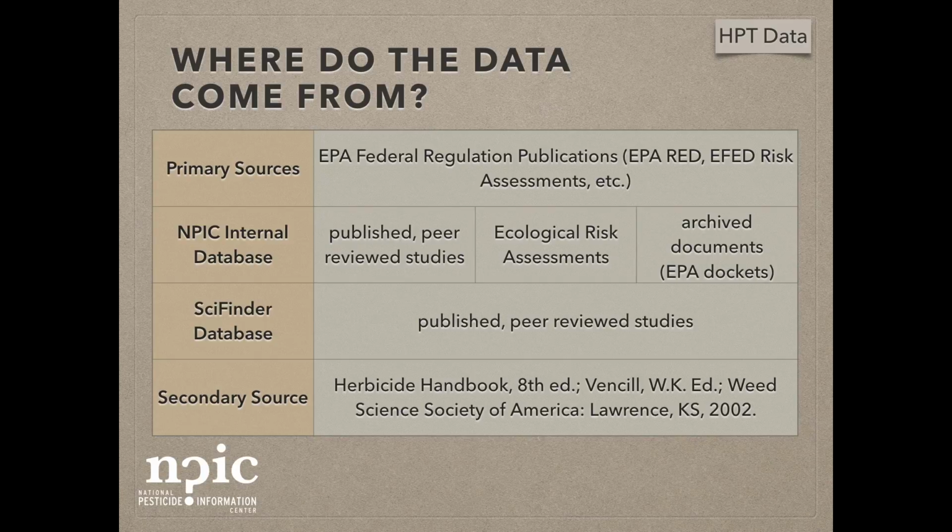If we couldn't find it in either one of those 2 types of resources, then we would consult the SciFinder database, and we were looking for published peer-reviewed studies in those cases. If a data point could not be found in any of these primary resources, we would then turn to a secondary resource, and that would be the Herbicide Handbook, or Herbie, as we like to call it.